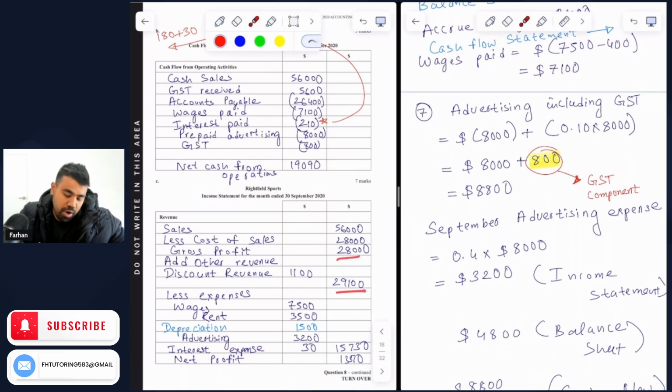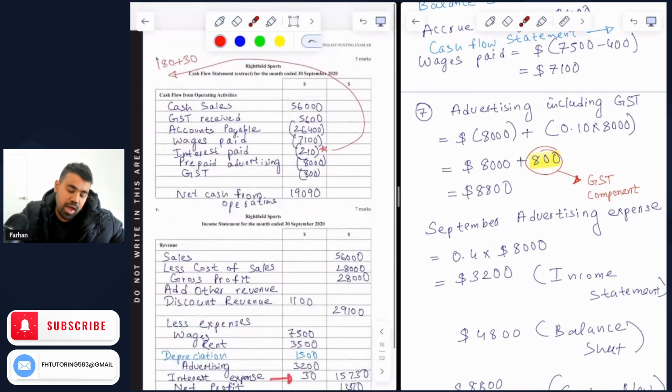From there, we subtract all the expenses: wages expense of 7,500, rent expense of 3,500, and then depreciation of 1,500 for vehicles, advertising of 3,200 based on 40% that was expensed, interest expense of $30 for the current period, not 210, which reflects the total cash outflow.